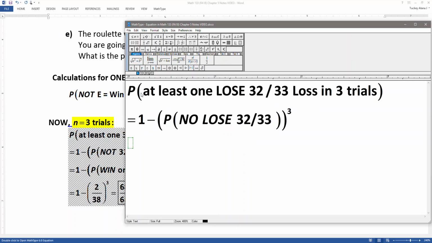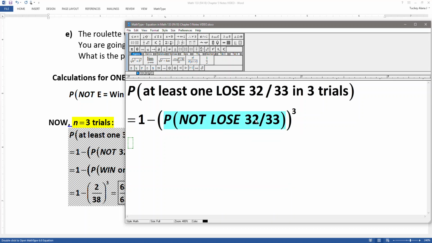Our rule up above says that the probability of at least 1 loss on the 32-33 in 3 trials is 1 minus the probability of no losing on the 32-33 in those 3 trials. I realize my English is kind of terrible, but I'm trying to get across that losing is the event I'm interested in, so not losing is the complement of that. So I take the complement, not losing, and I'm going to raise it to the third power.